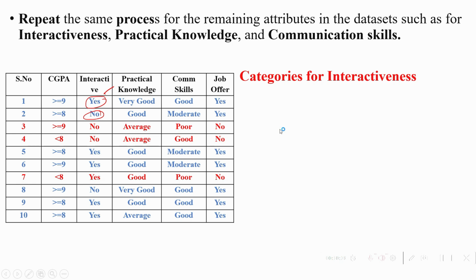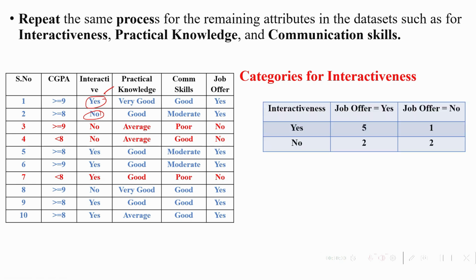For this we find the delta Gini value. If interactiveness is yes, the number of job offers that are yes is 5, and the number of job offers that are no is 1.